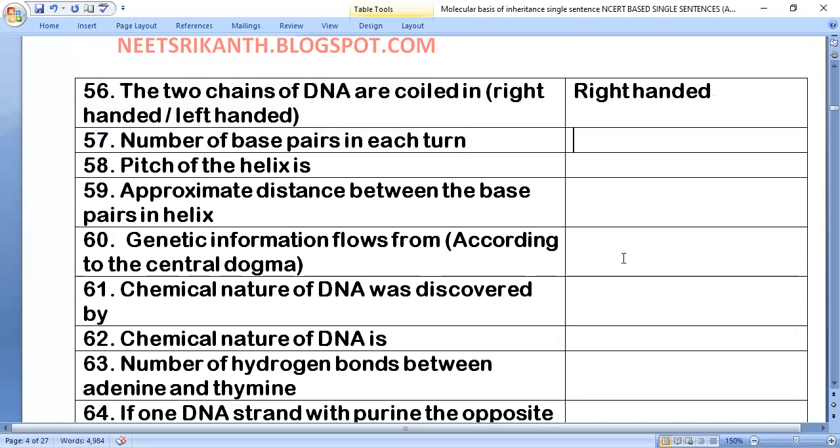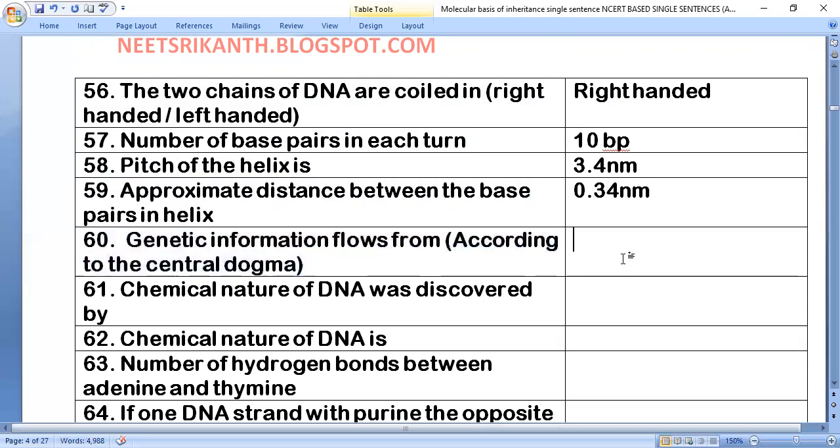Number of base pairs in each turn: 10 base pairs. Pitch of the helix is 3.4 nanometer. Approximate distance between the base pairs in helix: 0.34 nm.